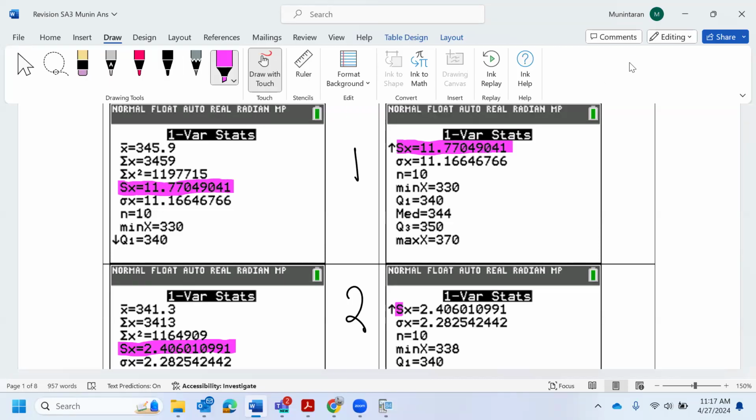You read the Sx, not sigma. Please be mindful. You read the Sx, not the sigma.